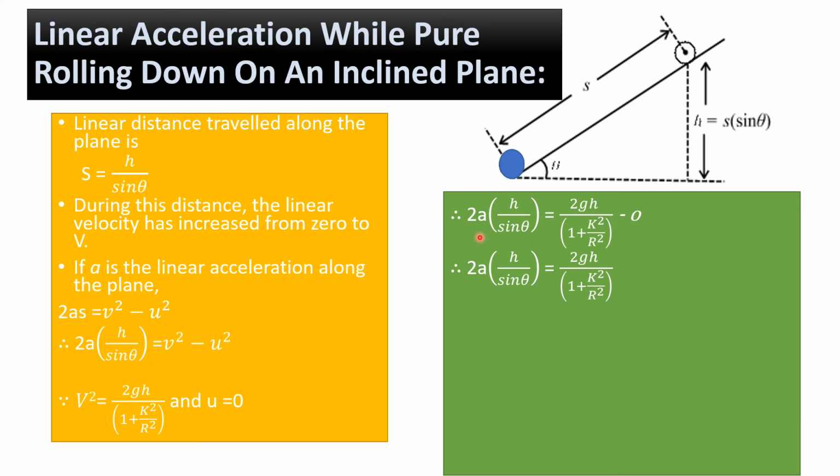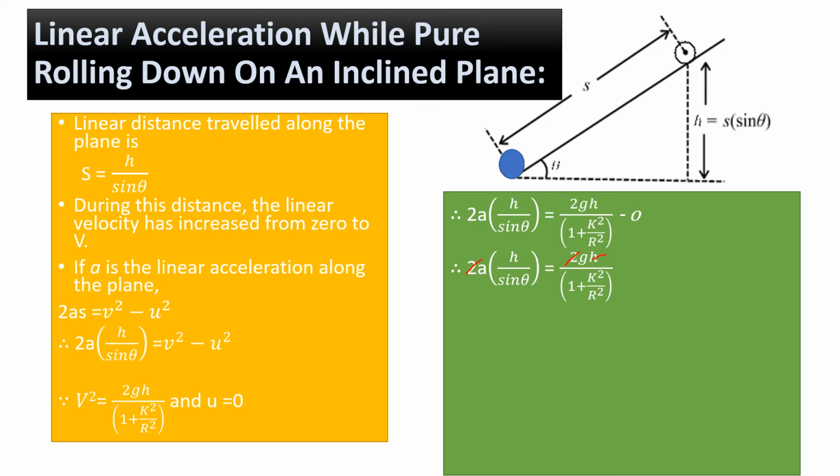We can write the above equation as 2a into h upon sine theta is equal to 2gh upon 1 plus k square upon r square minus 0. So this also comes to be 2a into h upon sine theta is equal to 2gh upon 1 plus k square upon r square. Now just cancel out the common factor 2 from both sides.